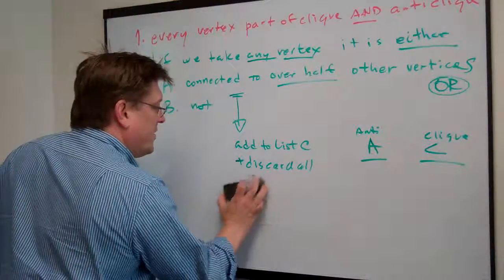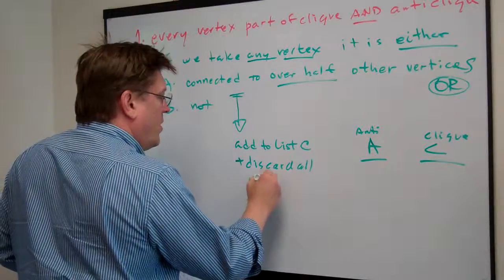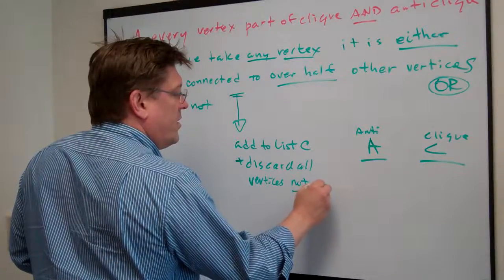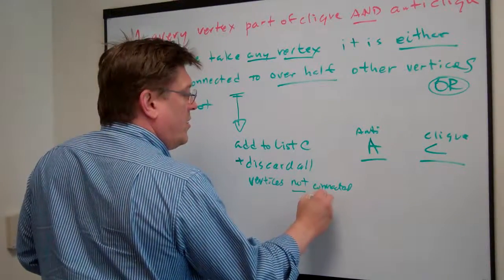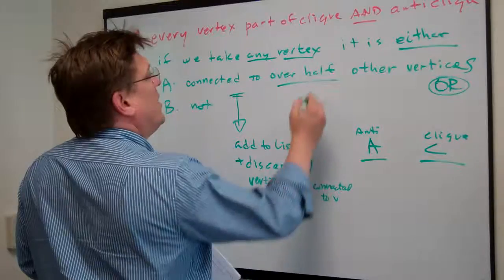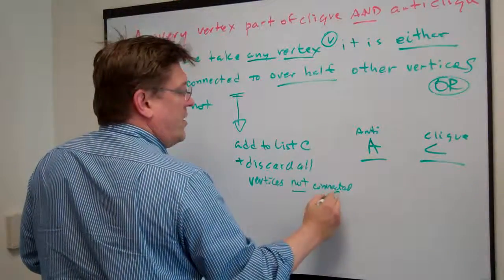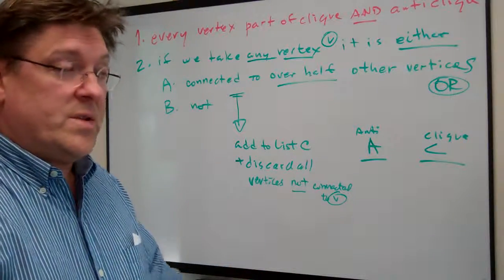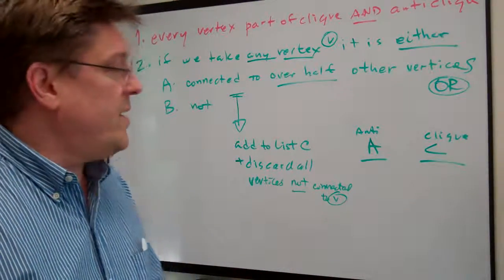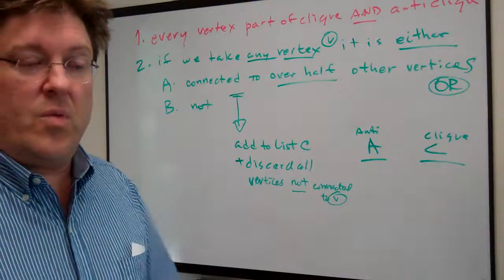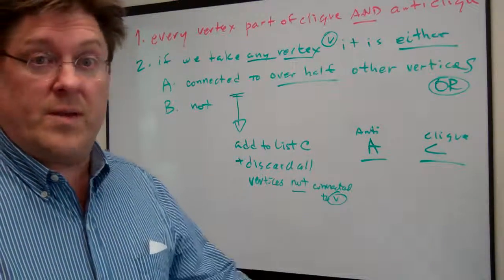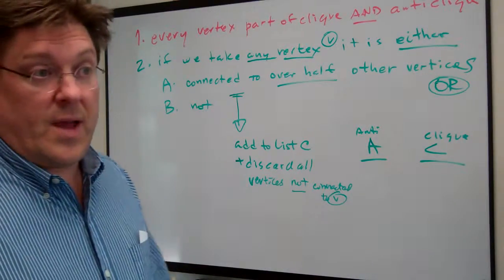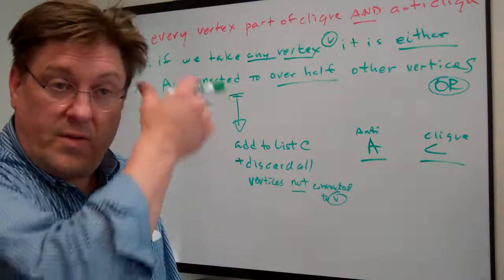I'll use the word vertices. Not connected to this vertex V. We'll call this vertex V. So if we were to just pick any old random vertex out of there, if it's connected to more than half of them, we'll put that in the clique list, and then we'll get rid of the ones it's not connected to. So we're trying to find the biggest clique, or at least a big clique.